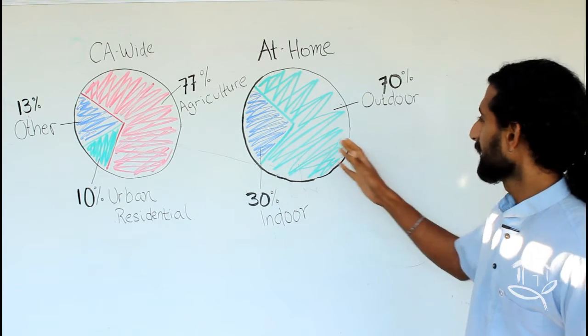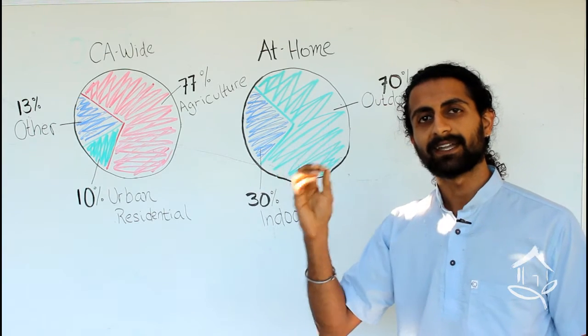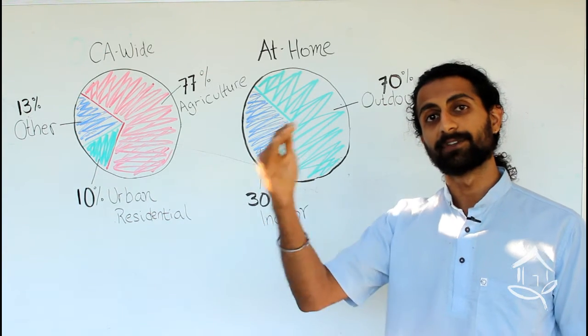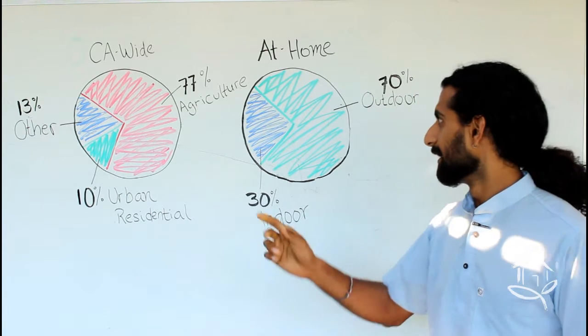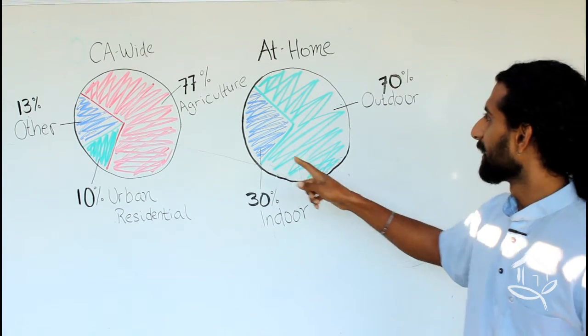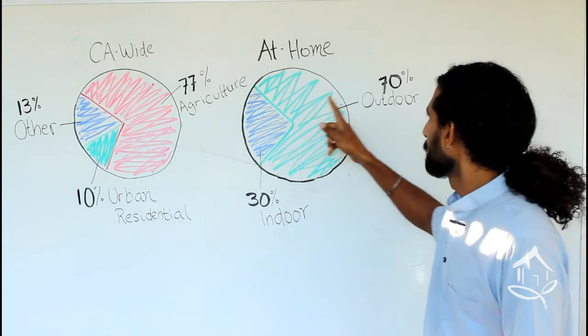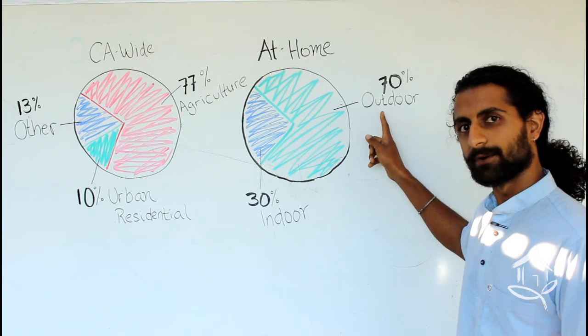Okay, so looking at these graphs, we can get a good idea about where it is that we can impact our water use and we can reduce our water footprint. And so when I look at these graphs, here's what I see. I see that the major user of water in the state is agriculture, and the major user of water at home is our grass.